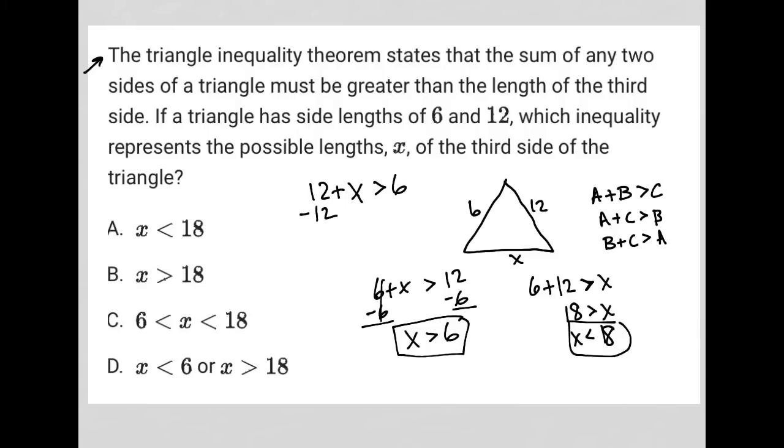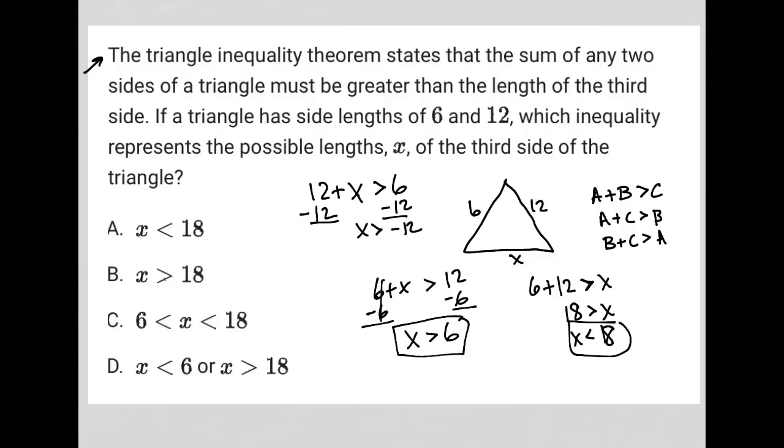So I can subtract 12 from both sides, but then that would give me x is greater than negative 12. So I think that one, while true, is not all that helpful because it's negative and our side lengths can't be negative anyway.